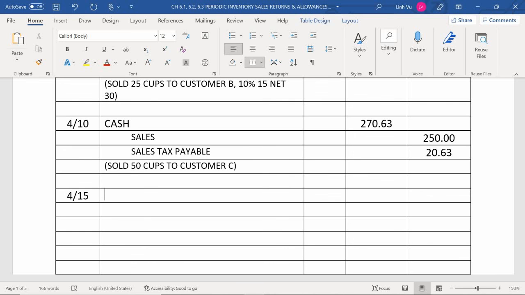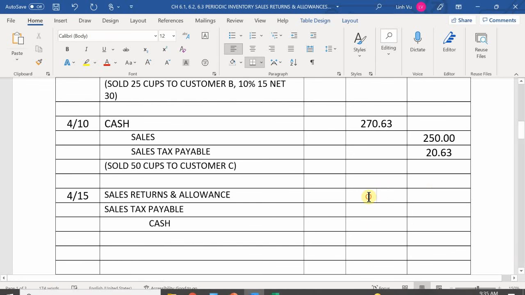Sales returns and allowances. Good. Sales tax payable. This is cash. And we're giving them cash because that's what they originally paid me with, right?